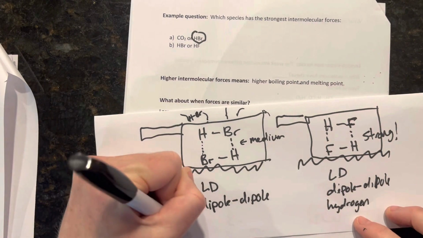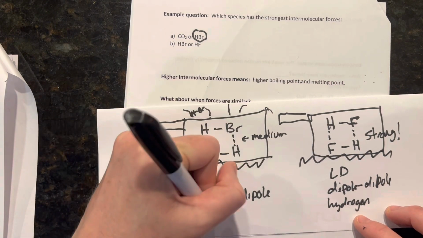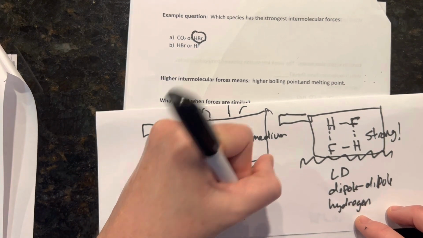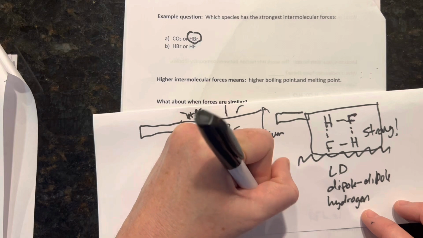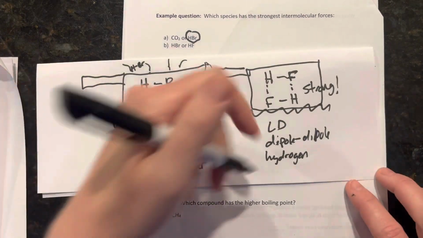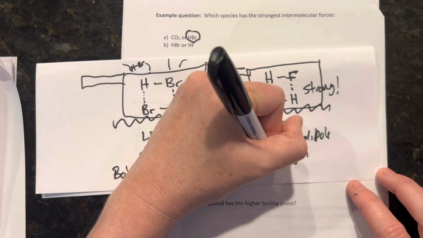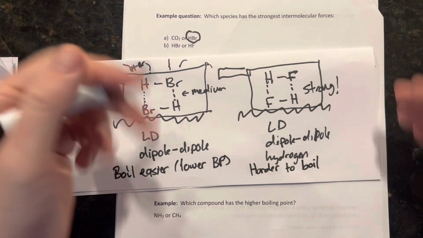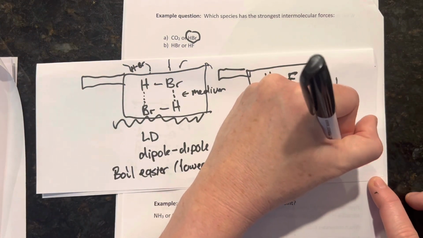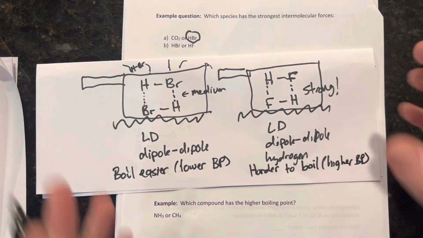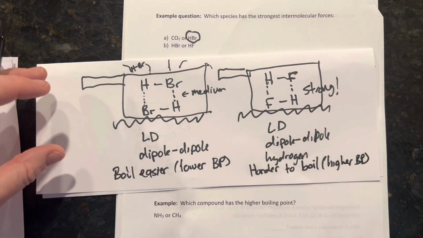So this will boil easier, in other words, at a lower boiling point. This is harder to boil. It's harder for it to become a gas, and it has a higher boiling point. And the same concept applies for melting point as well, where it goes from being a solid to a liquid.